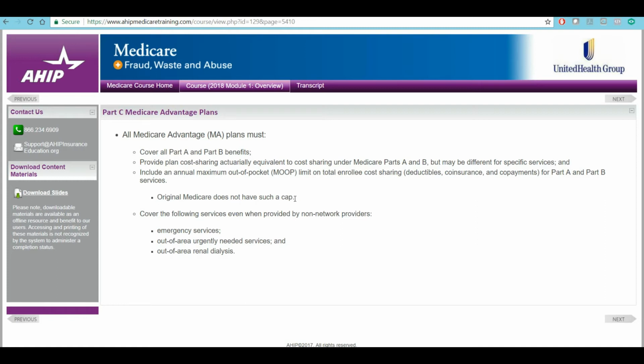That's right, because Medicare is not catastrophic. They have no cap. And that's why people want to have extra help, extra benefits, a Medicare supplement, or replace A and B Medicare altogether and get Part C. So you're actually replacing A and B with Part C. That major medical plan is all you need. And so we go on and continue.